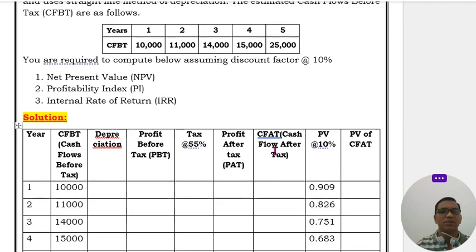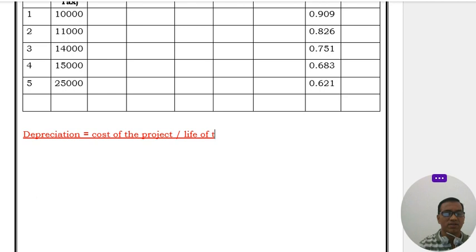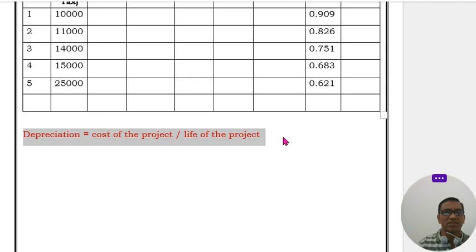So let me calculate depreciation. How will we get the depreciation value? Depreciation is equal to cost of the project, or cost of the investment, divided by life of the project. If you have any scrap value, we will minus that, but here nothing is there.